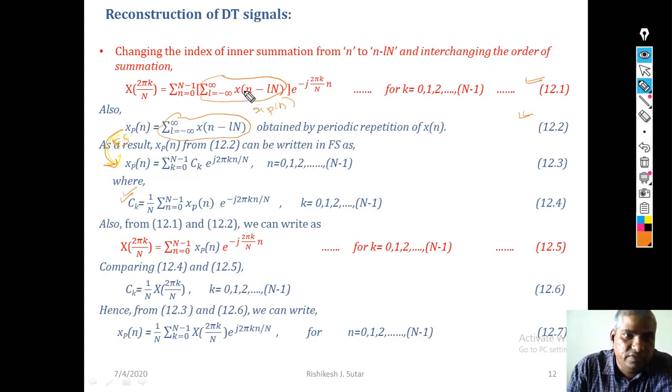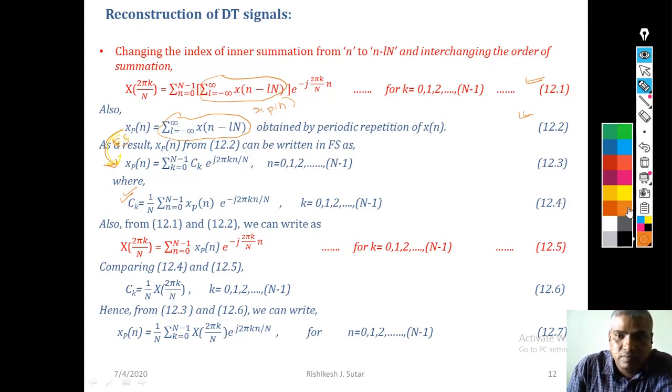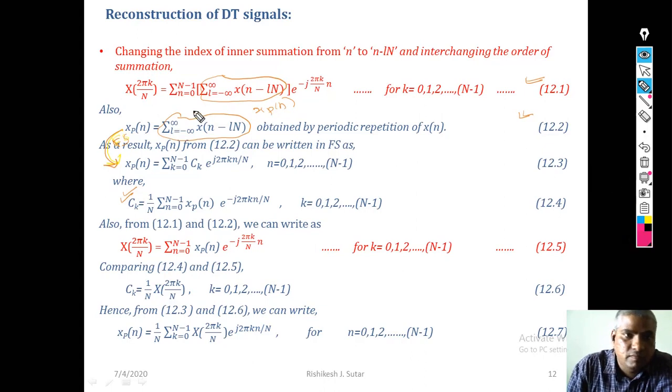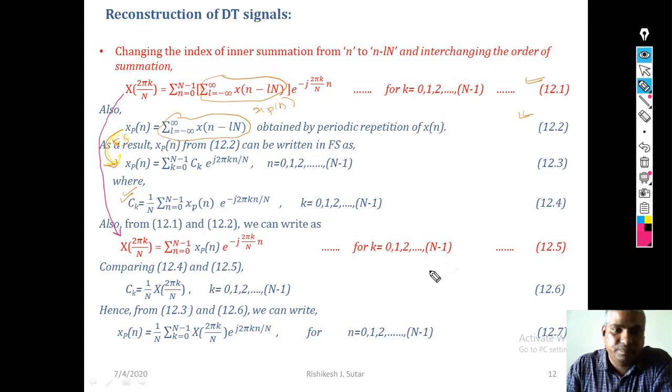If I replace this with xp of n, so this X of 2 pi by N k will become, the summation will remain as it is. This complete summation x of n minus LN will be replaced with xp of n, and this e raised to minus j 2 pi k by capital N n, and k runs from 0 to N minus 1.